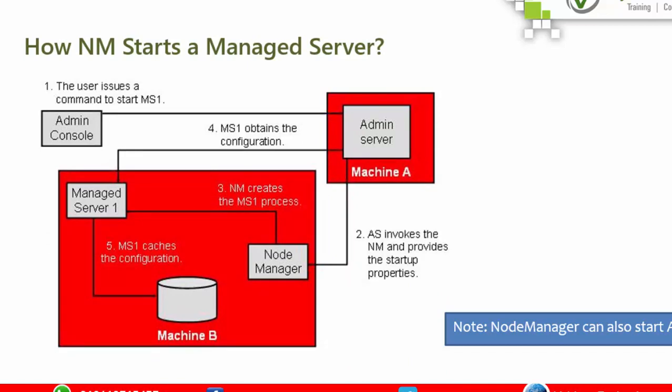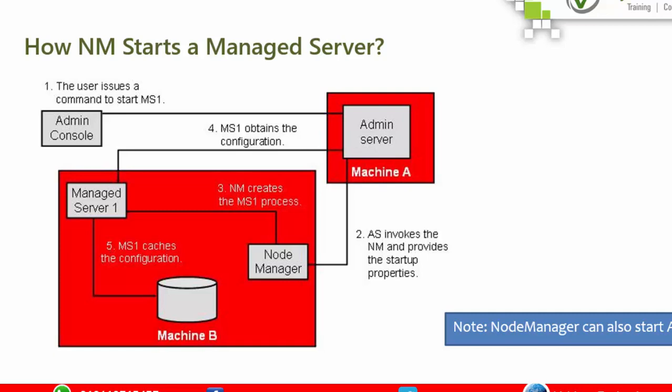How the Node Manager starts managed servers: here is the step-by-step process in the picture. In the first step, the user issues the command to start managed server 1, then the admin console accepts that and forwards the request to the admin server, that is a Java program running on machine A. That request will be processed and forwarded from the admin server.